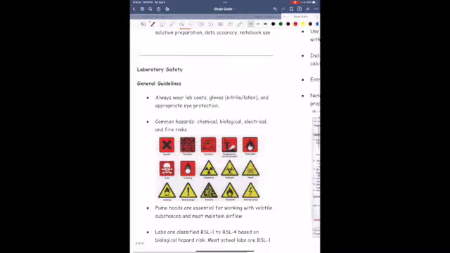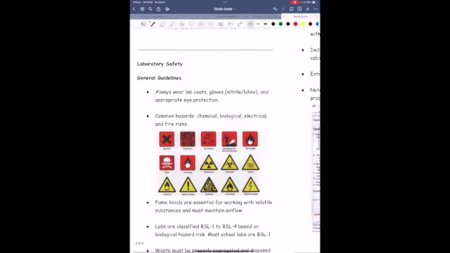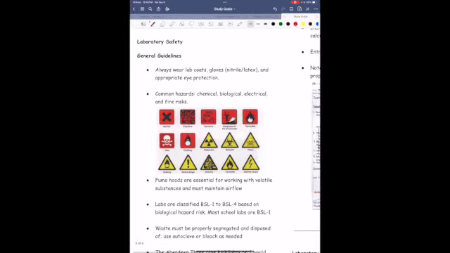Just general safety guidelines: gloves, lab coats, eye protection. This chart of hazard symbols, I would highly, highly know these signs because they will come up on the test, and these are easy points that you can get. So know these hazard signs.